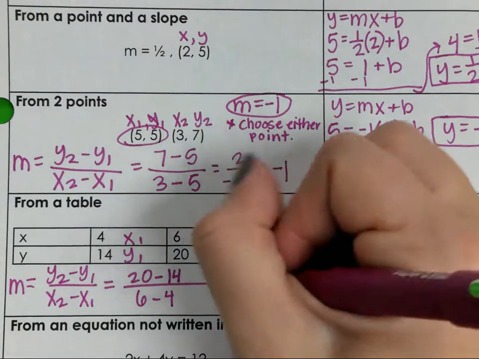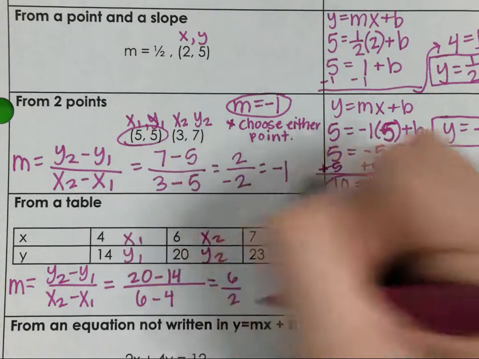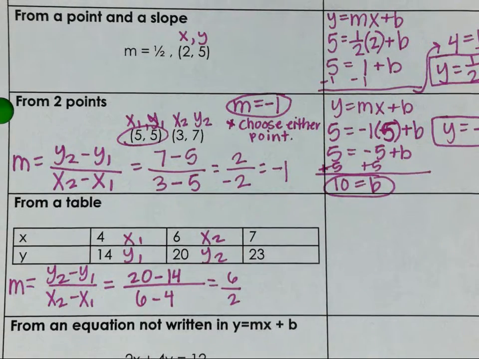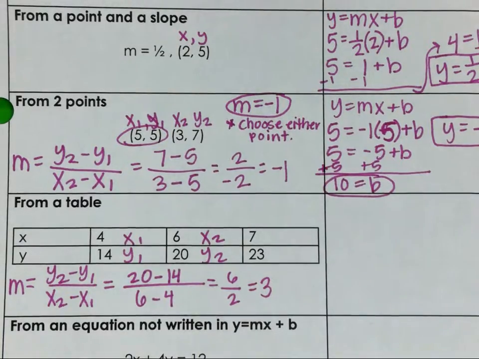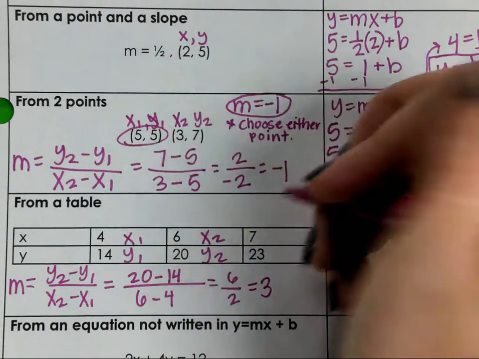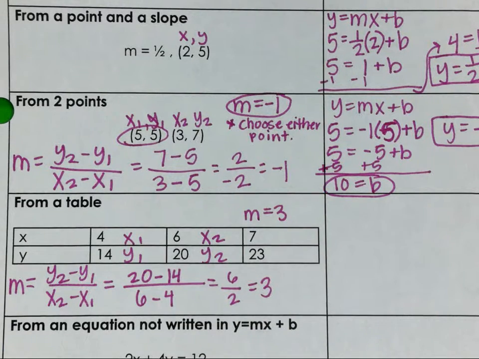So what's 20 minus 14? 6. And 6 minus 4? 2. Can I simplify that? Yep. So my slope is 3. So m equals 3. So what's my next step?